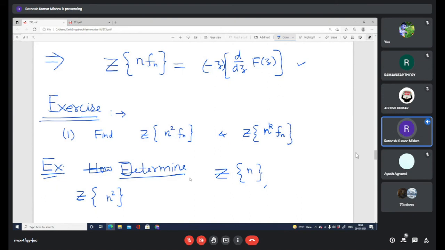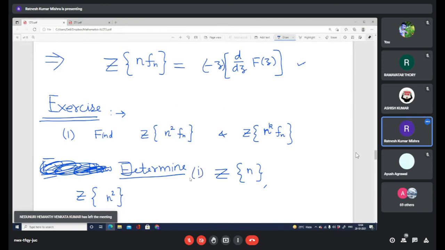So this is also an exercise. Then determine Z transform of Fn. Number 2, you know how to find n, and Z transform of n square. So using this result, if you know that this is the Z transform of nFn, what is Z transform of n?